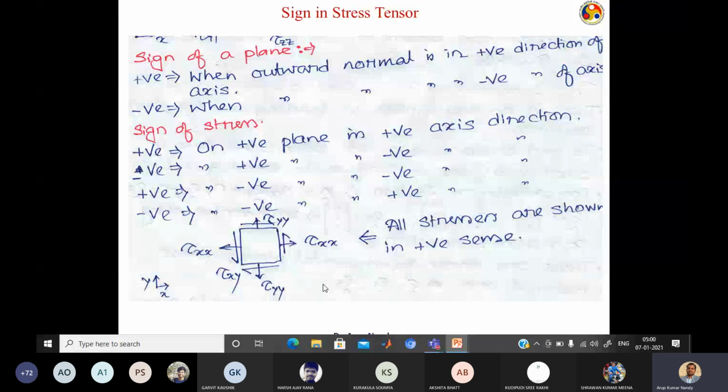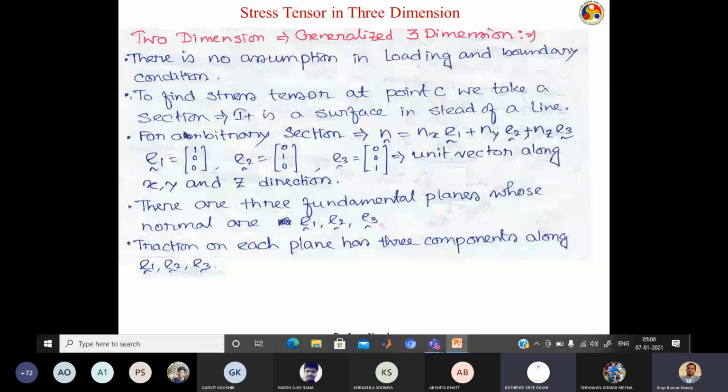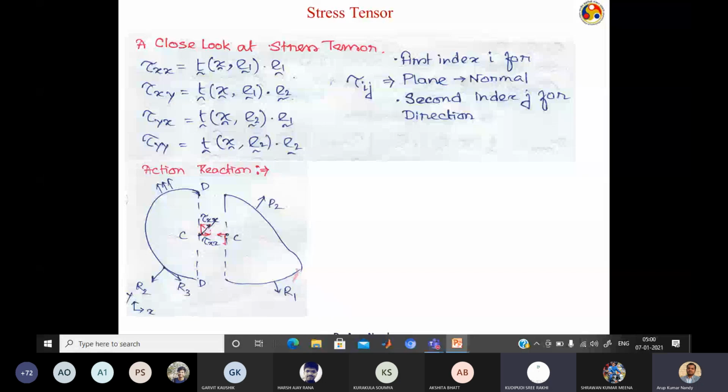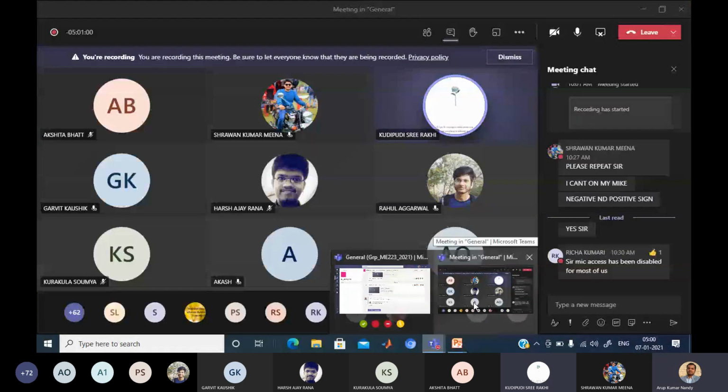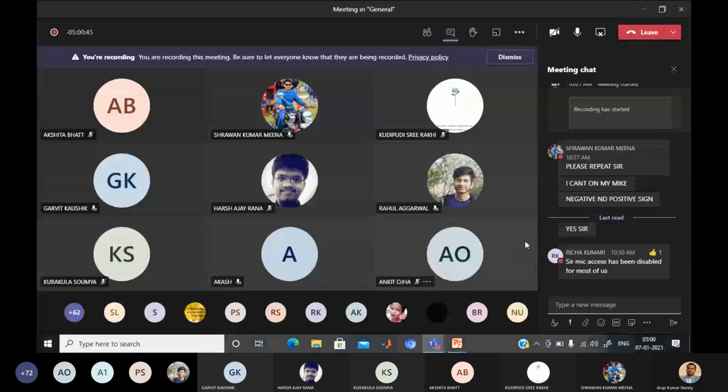Otherwise, it will be very difficult because we don't have much time. Okay. The access for microphone is disabled for most of the people. I don't know who did that. Yes, someone wrote in the chat, yeah, sir.